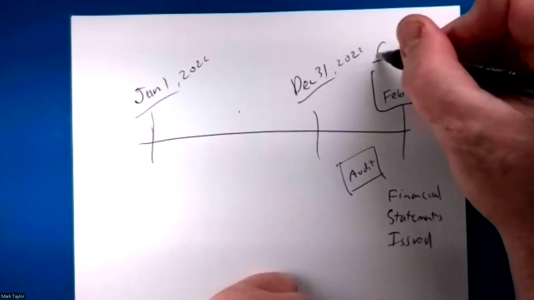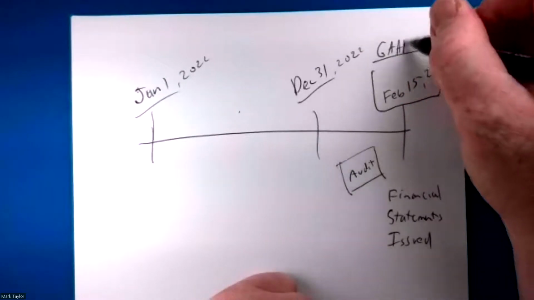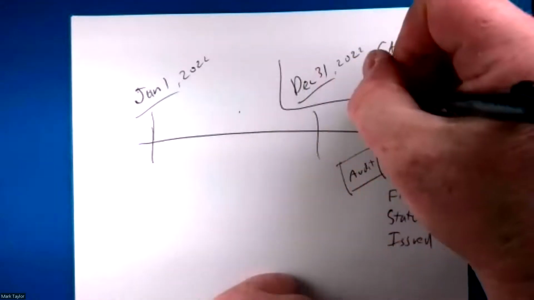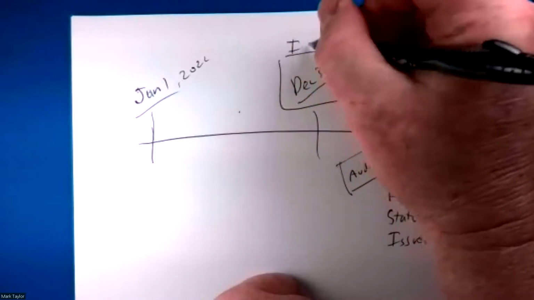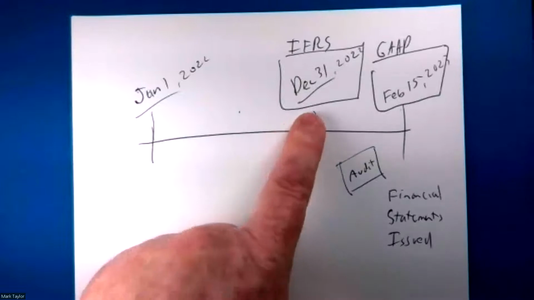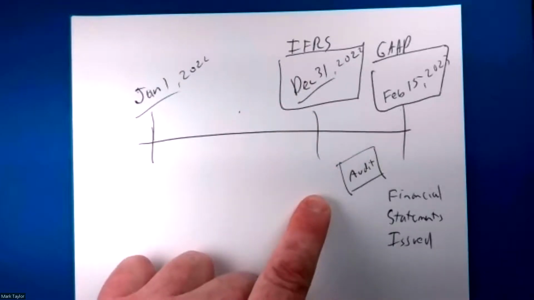So GAAP says they have until this date to get their financing squared away. International standards say, no, you have to have it done by the end of the year, or else all that gets counted as a current liability.